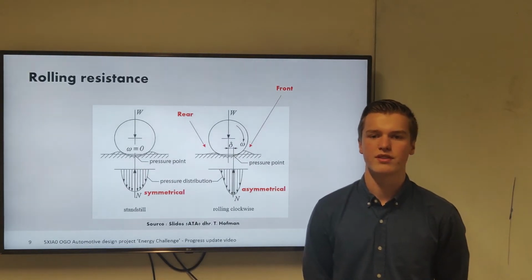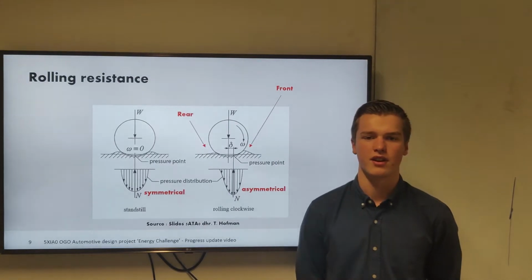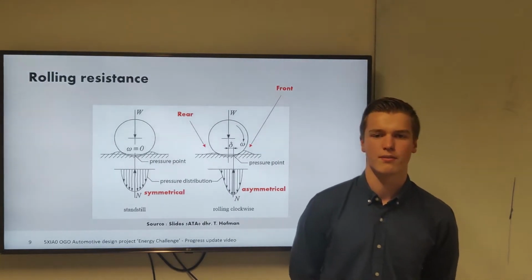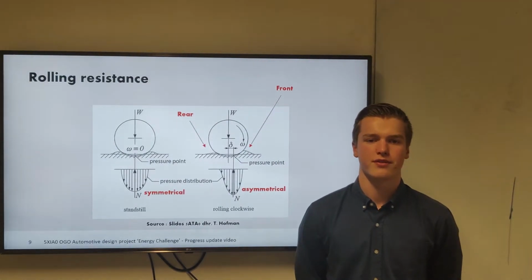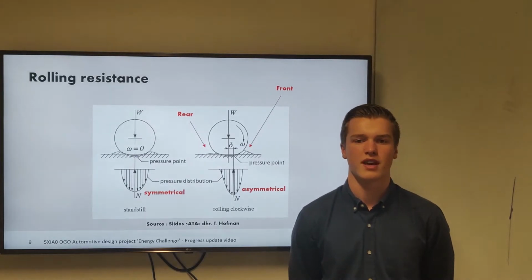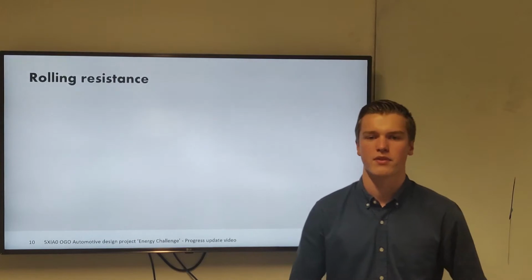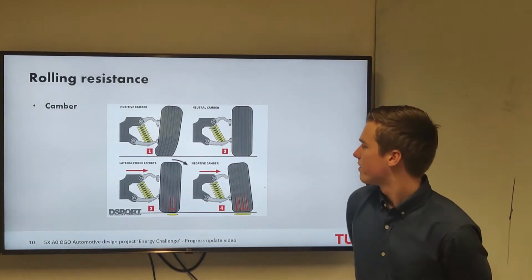In the last weeks, we have done research on properties of the tire and the relation to the rolling resistance. There are a few important factors which can contribute to a lower rolling resistance. One factor is the amount of camber. Camber is the angle of the tire, which you can see on this picture.